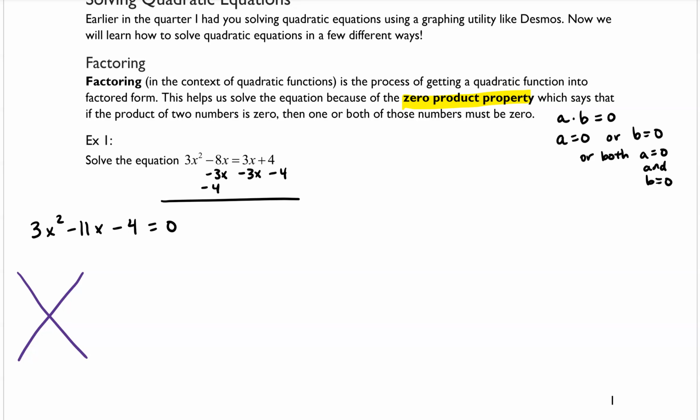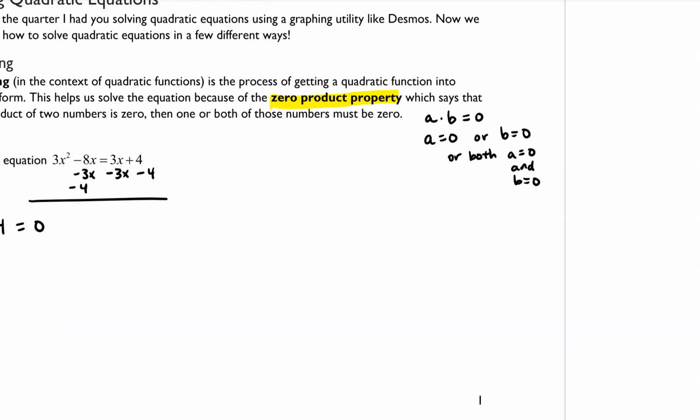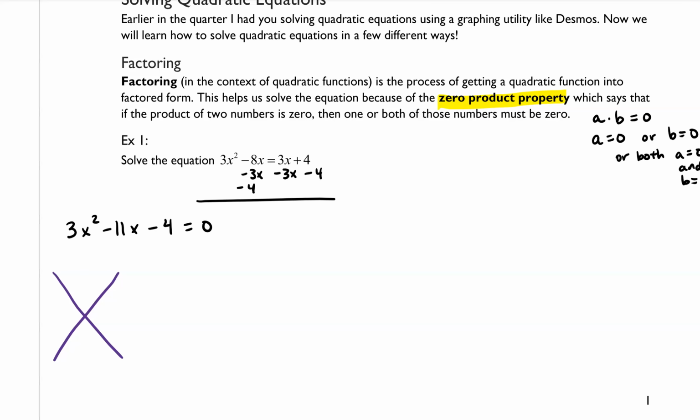and the number that goes on the top is the b value. So remember, this looks like ax squared plus bx plus c. And so our b value is negative 11. It's just the coefficient or the number in front of x. And then the number that we're going to put down here is whatever a times c is.